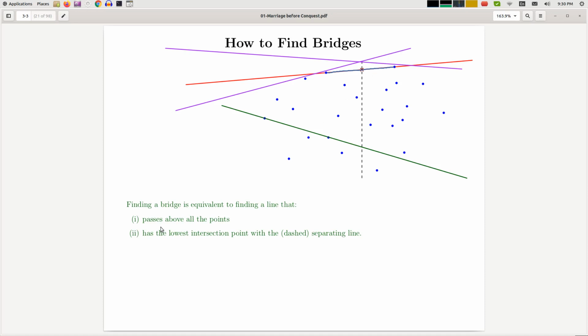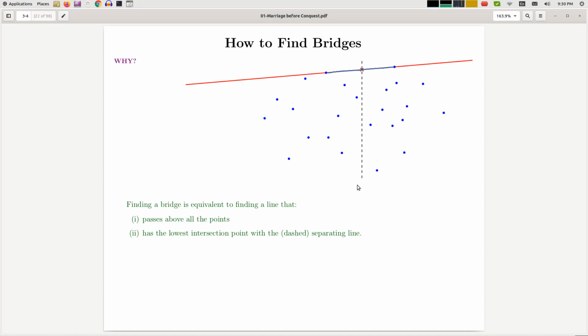The second important property is this one, that it should have the lowest intersection point with the separating line, this dashed line. Why does this property need to hold? Let me explain this. Finding the common tangent is actually equivalent to the following problem. Imagine that this is the convex hull of the input points, and I have this dashed line at the median x coordinate.